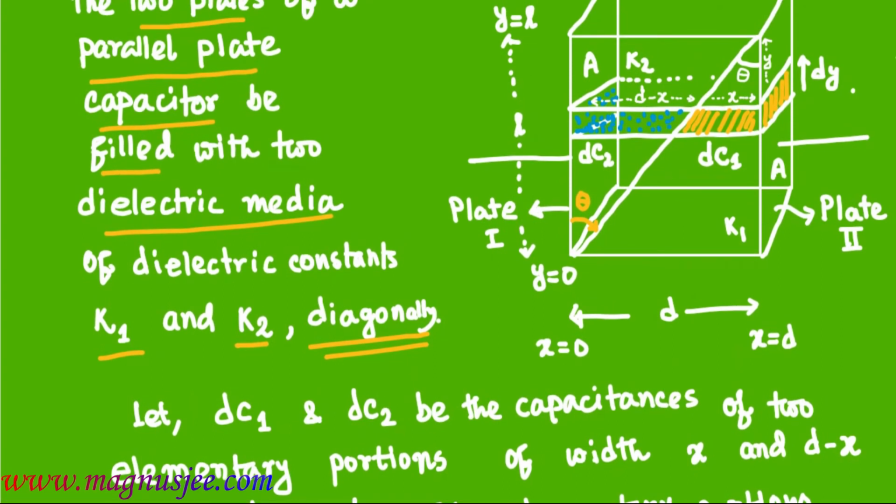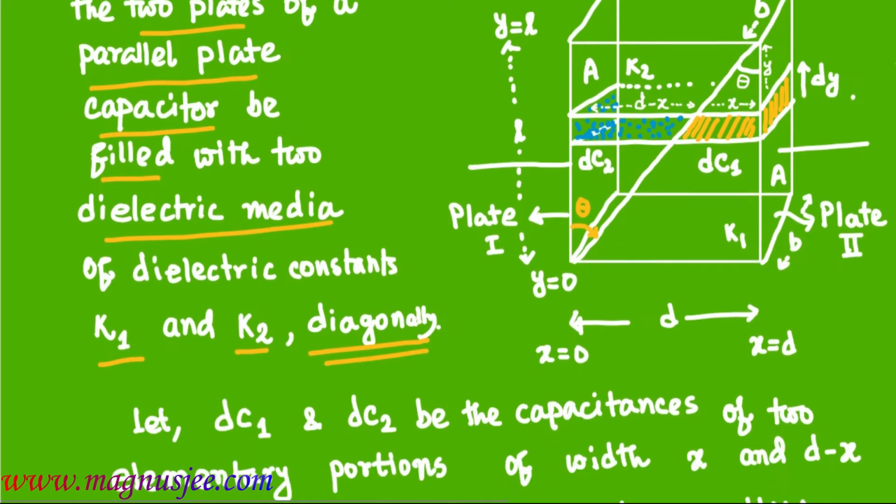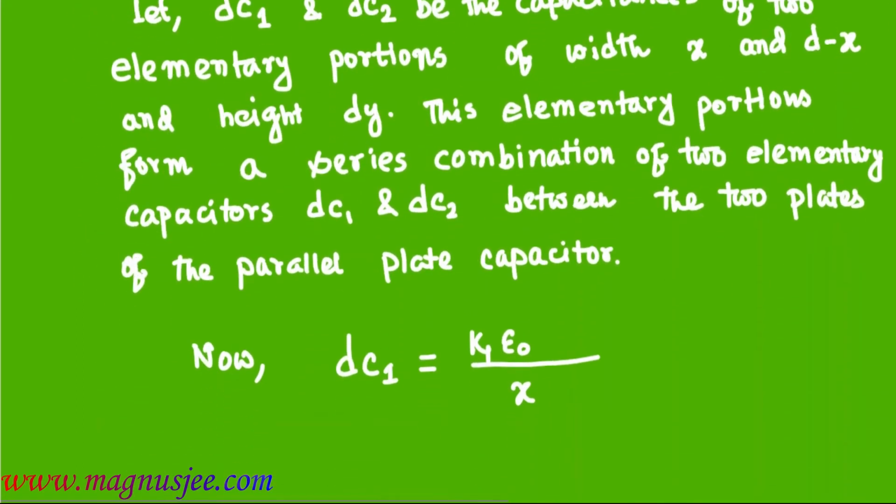In this case, cross sectional area will be b dy. b is the breadth of the elementary portion. We can denote the breadth b. b is the breadth of each plate, and that is denoted on the highest plane of the capacitor, and also we can denote on the lowest plate. b is the breadth and dy is the height.